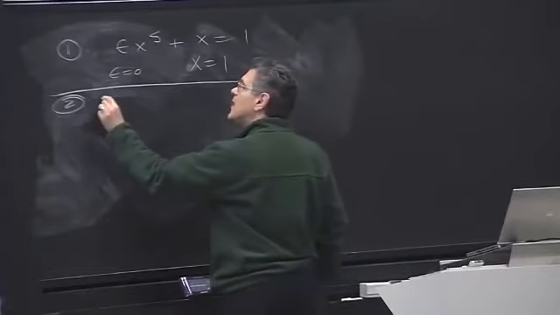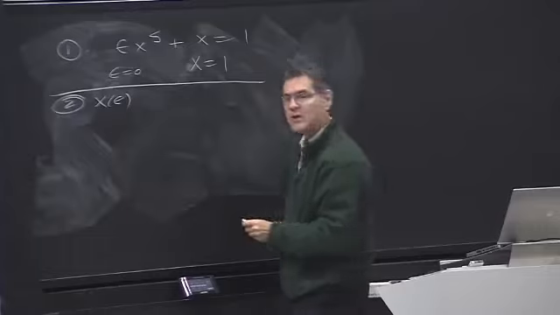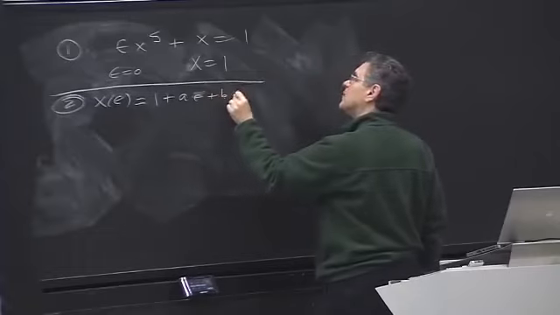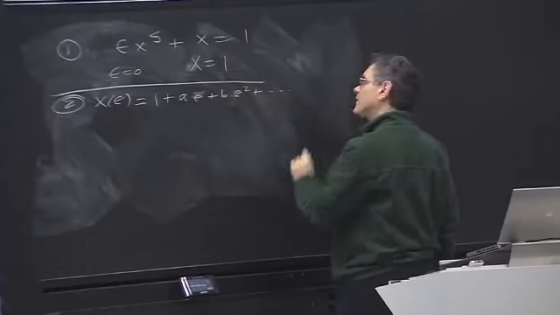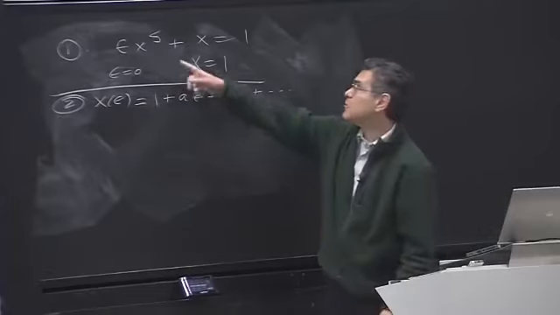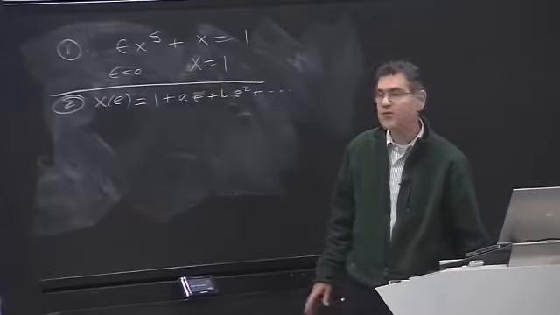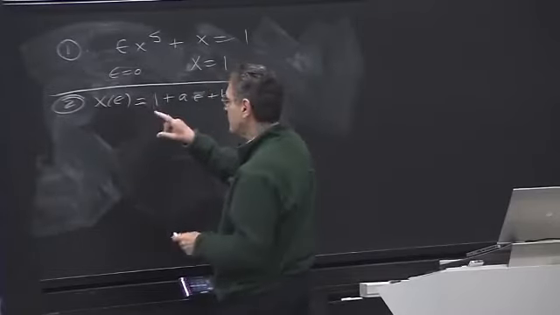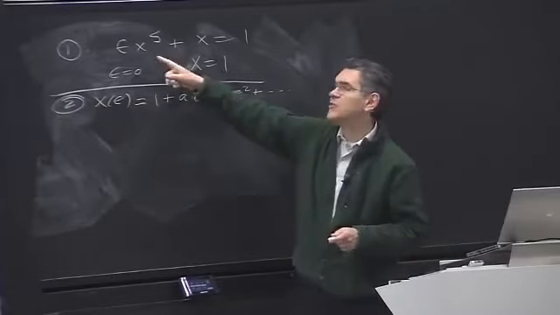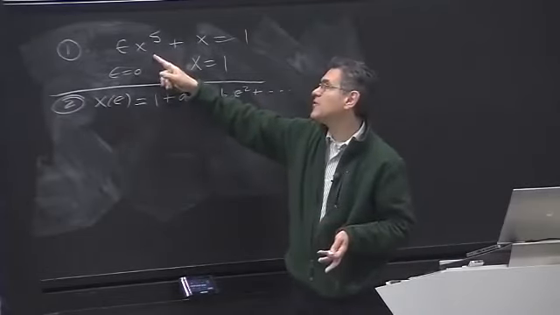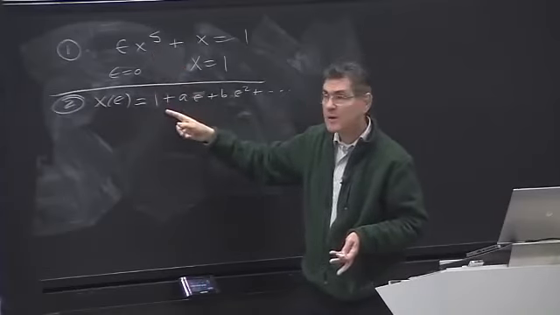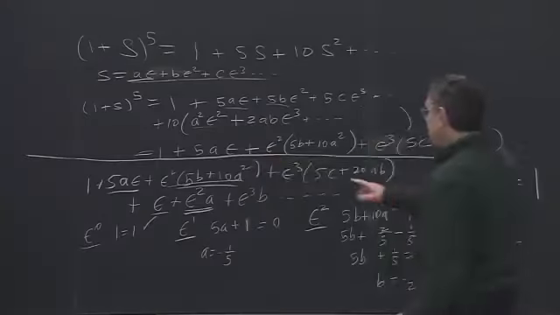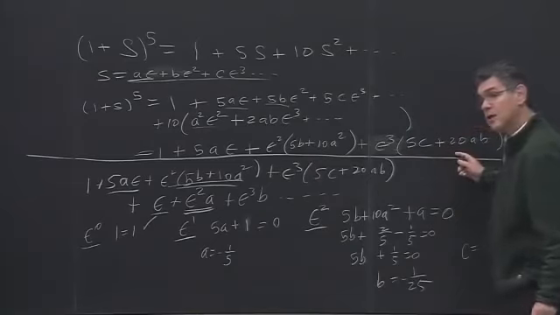Okay? Let's assume that the answer, x, as a function of epsilon, has the form 1 plus a epsilon plus b epsilon squared, and so on. And we plug it into this problem, okay, and let's see what happens. We already know what happens when you raise x to the 5th power. But now things are going to be a little bit simpler because this thing is going to be multiplied by epsilon.